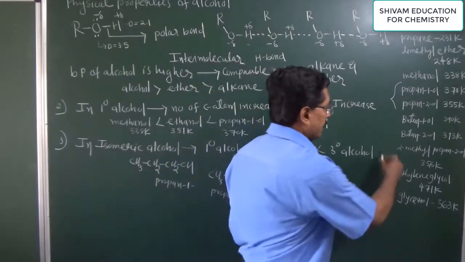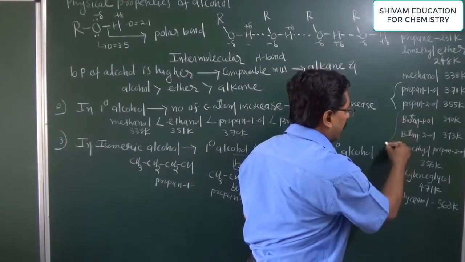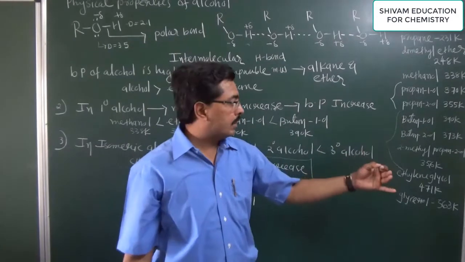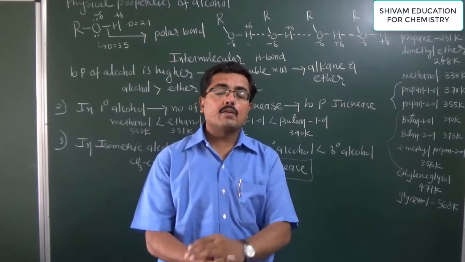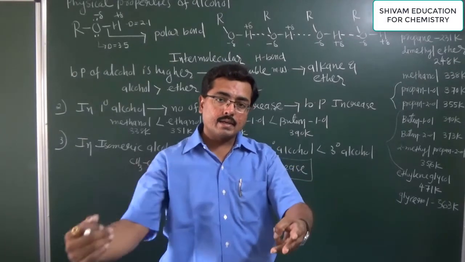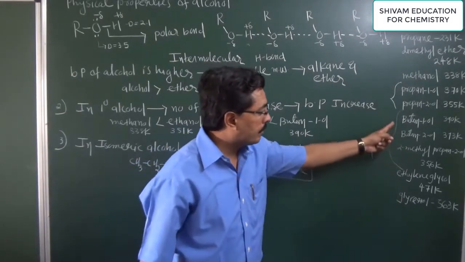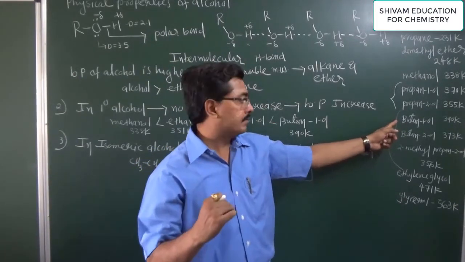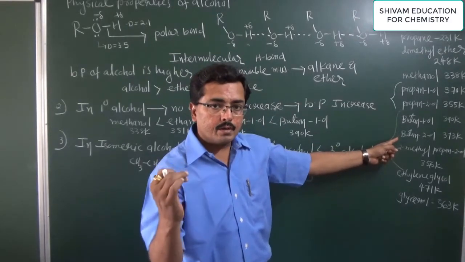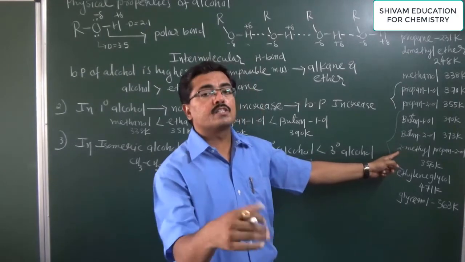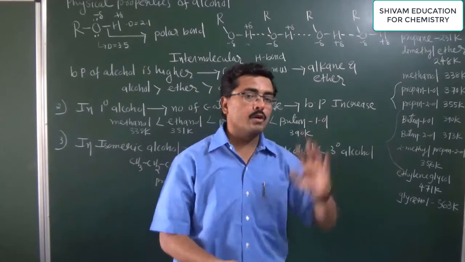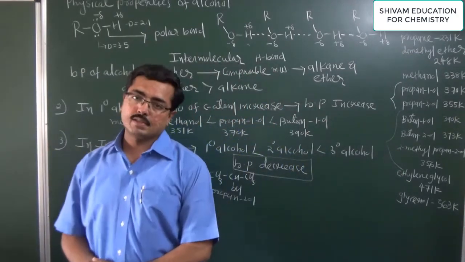Similarly, we can take the example of 1-butanol, 2-butanol and 2-methyl-2-propanol. This 4 carbon containing alcohol has 3 isomers: primary, secondary and tertiary. 1-butanol boiling point is 390 Kelvin, 2-butanol boiling point is 373 Kelvin, and 2-methyl-2-propanol, which is a tertiary alcohol, has the lowest boiling point, 356 Kelvin.